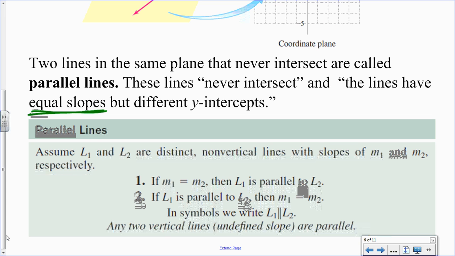So this chart just kind of explains the definition here. So if the slopes are the same, then the lines are parallel. Then the converse is also true. If the lines are parallel, then the slopes are the same.